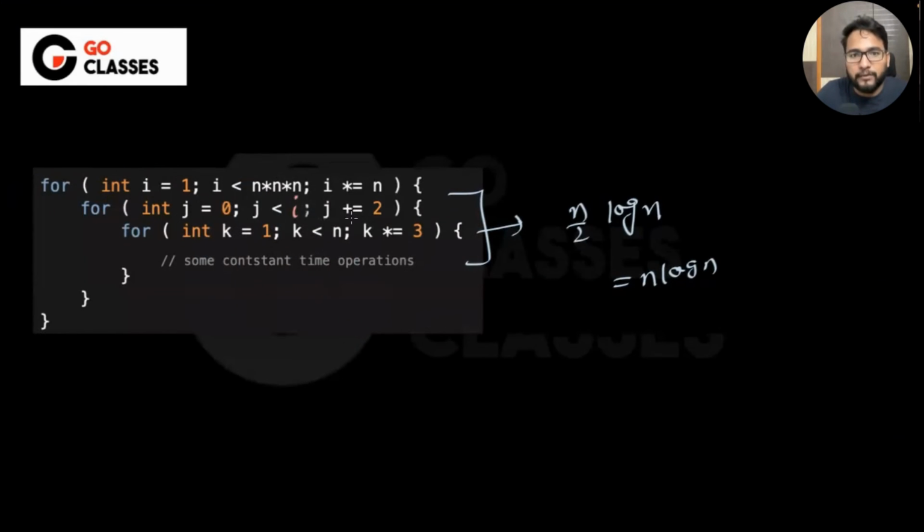If you do it, then it will be I by 2, right? For I equal to 1, you are going to run I by 2 times. For I equal to 1, you are going to run something, for I equal to n, and for I equal to n square.